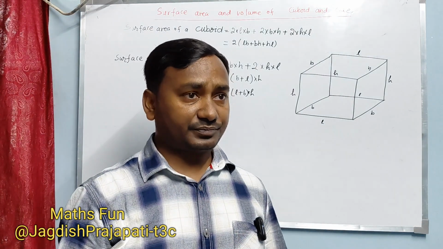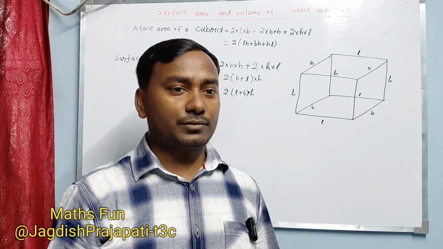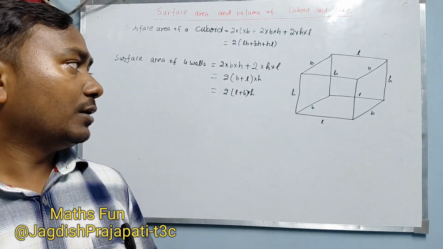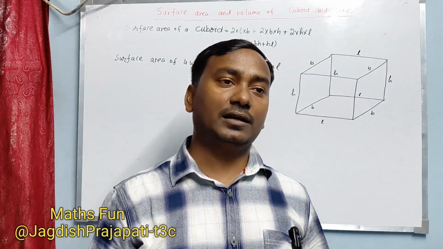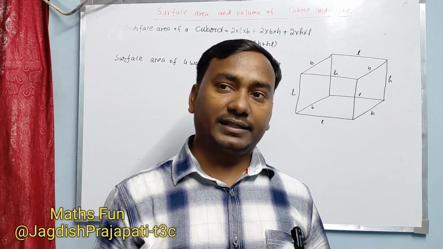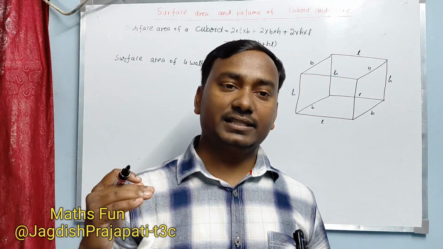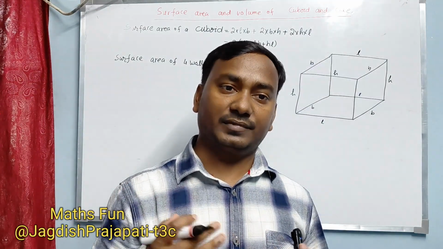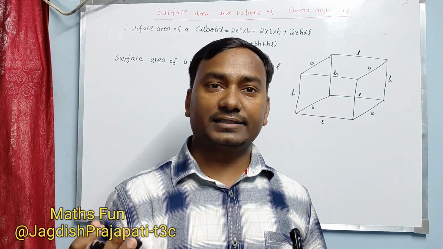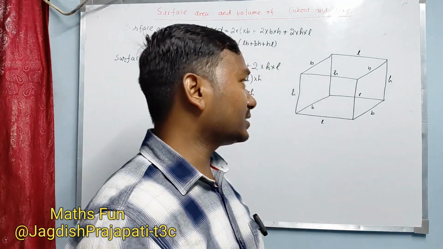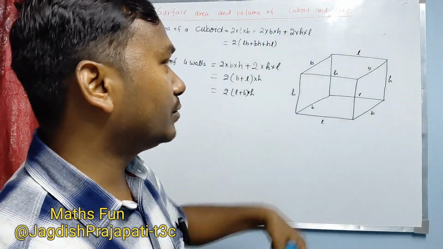Now one may ask you, what could be the longest length of the rod that can be placed inside a cuboid or inside a room. So that will be just the diagonal of the cuboid.